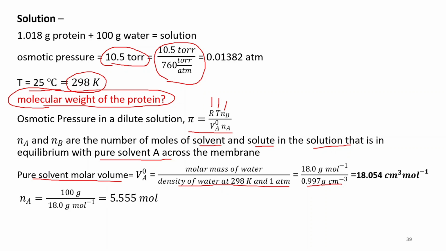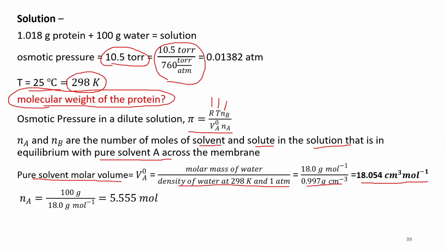The density of water is 0.997 gram per centimeter cube, which we already know. The molar volume is the mass divided by density, so 18 divided by 0.997 equals 18.054 centimeter cube per mole. We get the molar volume of the pure solvent.